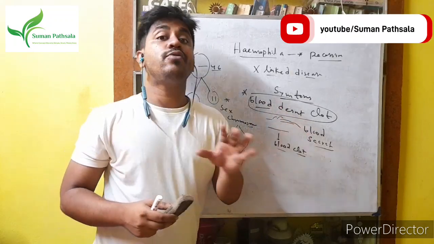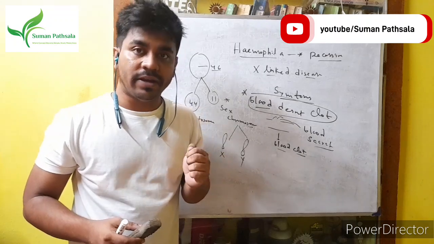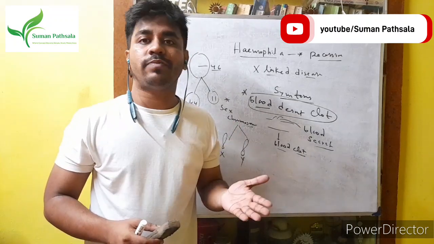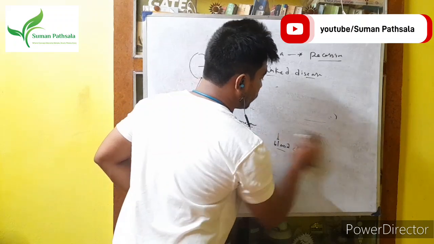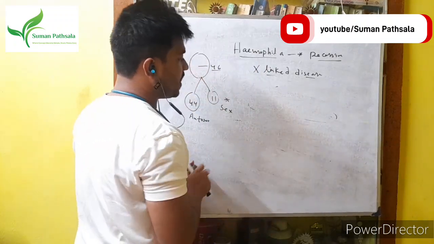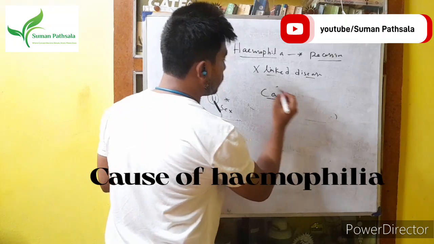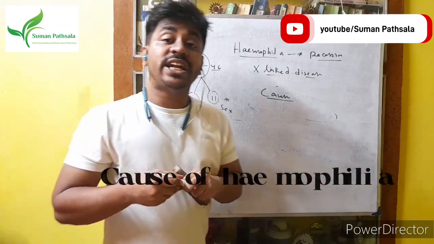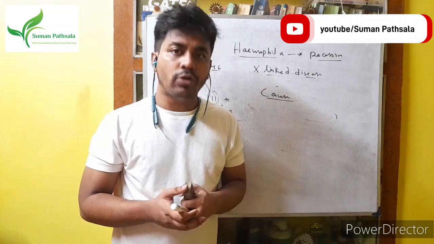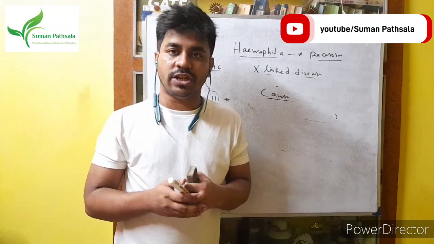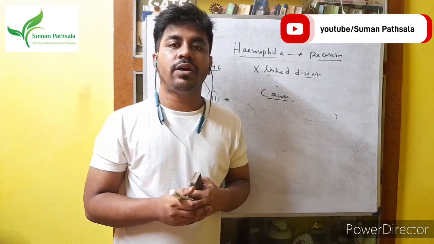Now we have to understand why hemophilia happens. What is the main cause of hemophilia? So I write here the cause. We generally know that for blood clotting, or blood coagulation, there are 13 factors present in our body.